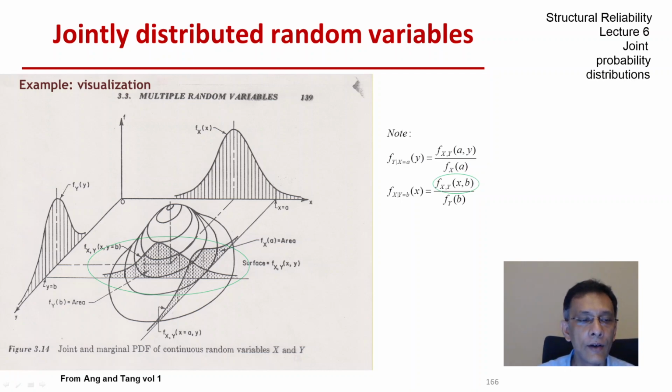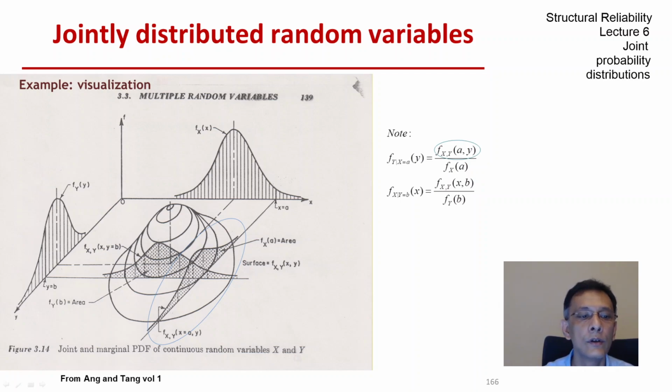Now if I divide that density function, that cross section, by its area, it becomes a legitimate density function. It's the conditional density function of x given y is fixed at b. So that would be the pictorial description of the conditional density.